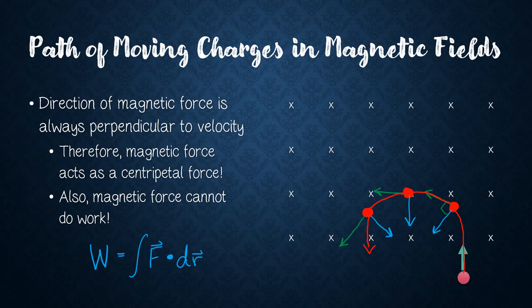And that would be the cosine of the angle between my force vector and kind of a small displacement vector showing the direction that the particle is moving at that point in time. If you think about the direction between those two, it's going to be 90 degrees. And the cosine of 90 degrees is always 0. There's another reason to understand how the magnetic force cannot possibly do work on a charged particle.